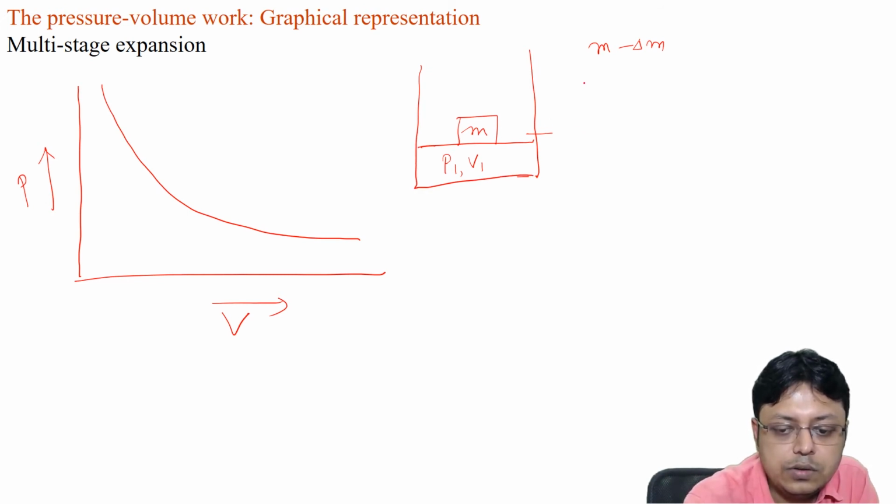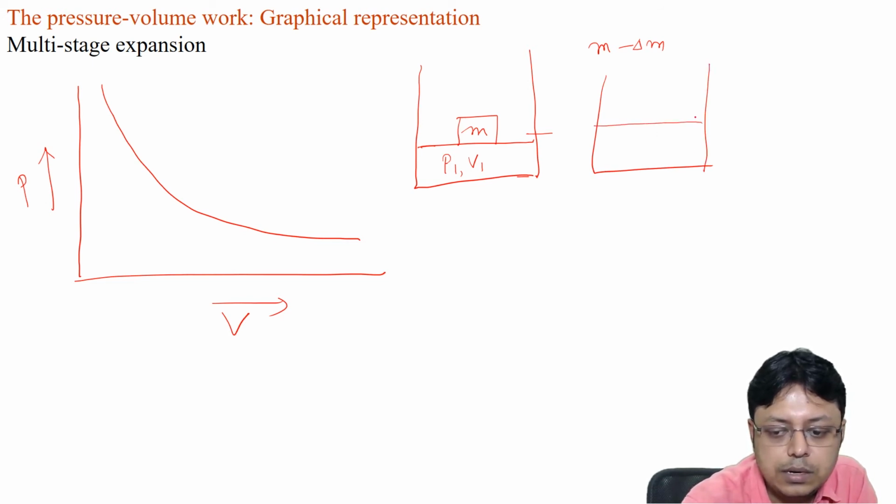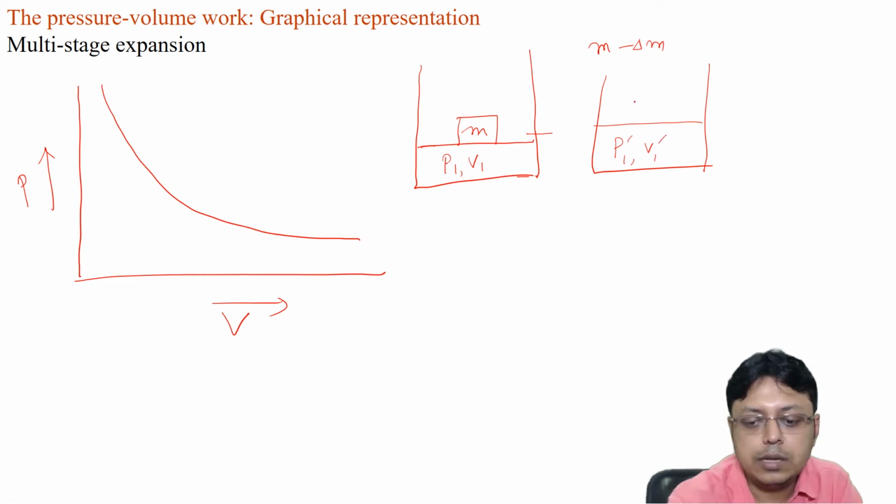So if I reduce the mass by delta M, what will happen? The external pressure will reduce a little bit, so the gas will expand to a point where the pressure of the gas is P1 prime. So this is nothing but M minus delta M.